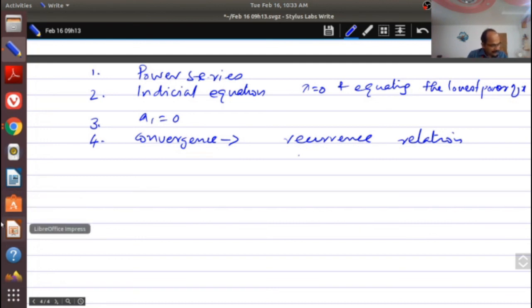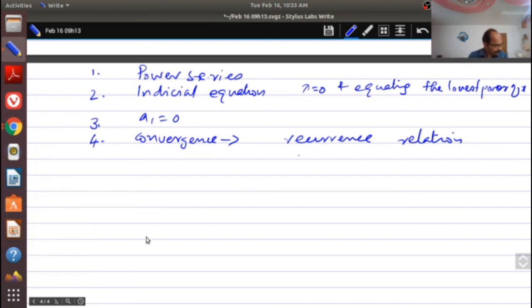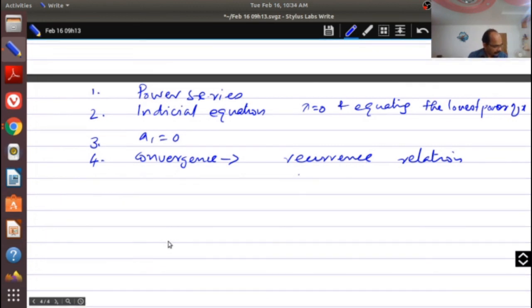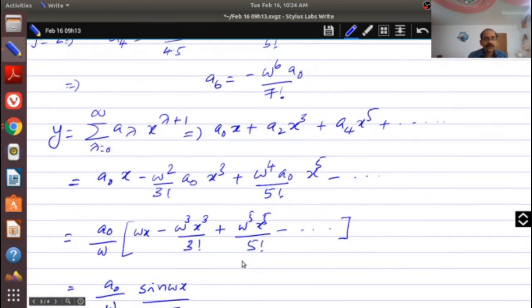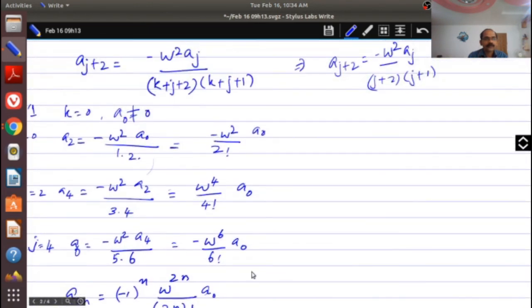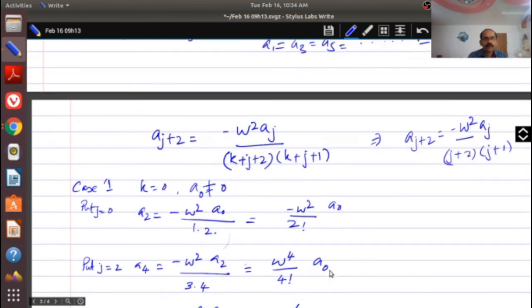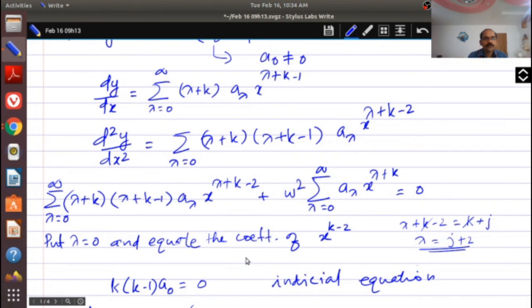Here, see for example, let's look at this term. The first two equations.